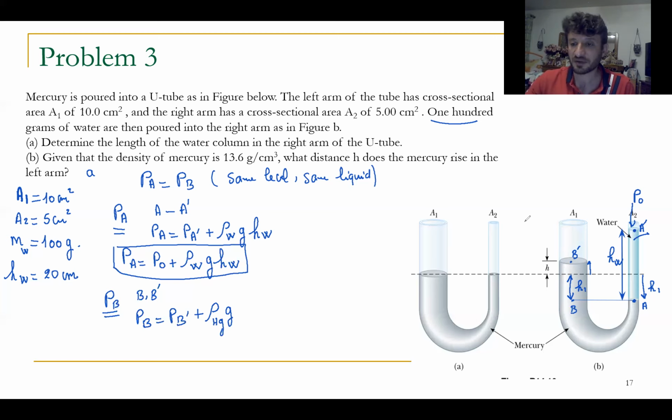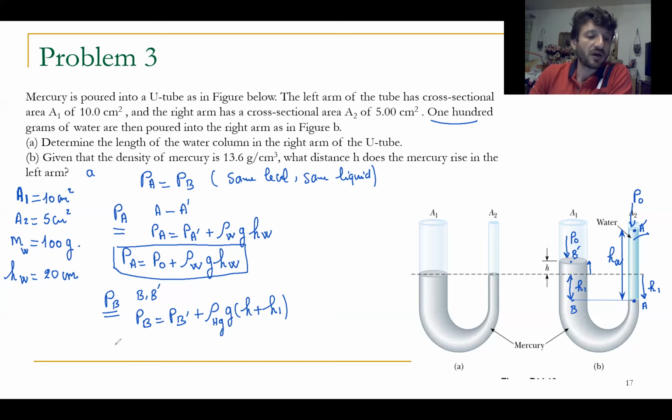We have the same level. So we can say directly the distance between B and B prime equals H1 plus H. B prime equals P0, because we have only P0 applied at this point.